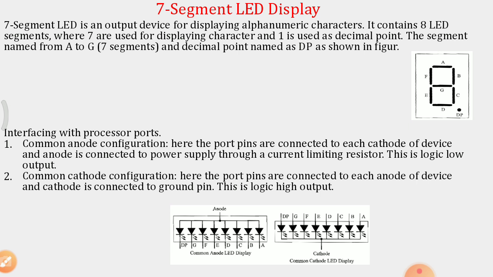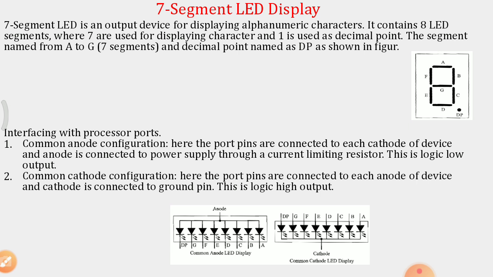In the figure we can see that the segments are named from A to G. These 7 segments are used for displaying characters, and another segment, DP, is used for the decimal point.